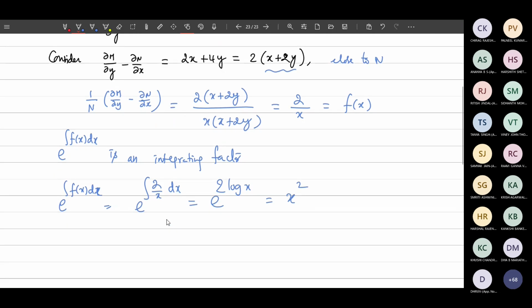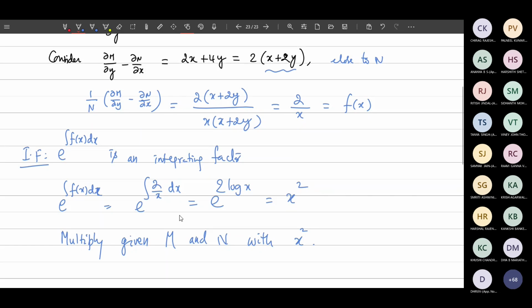Now in this case, multiply the given equation, that means given m and n, with x square, the integrating factor. X square is the integrating factor. So integrating factor, we call it as x square.